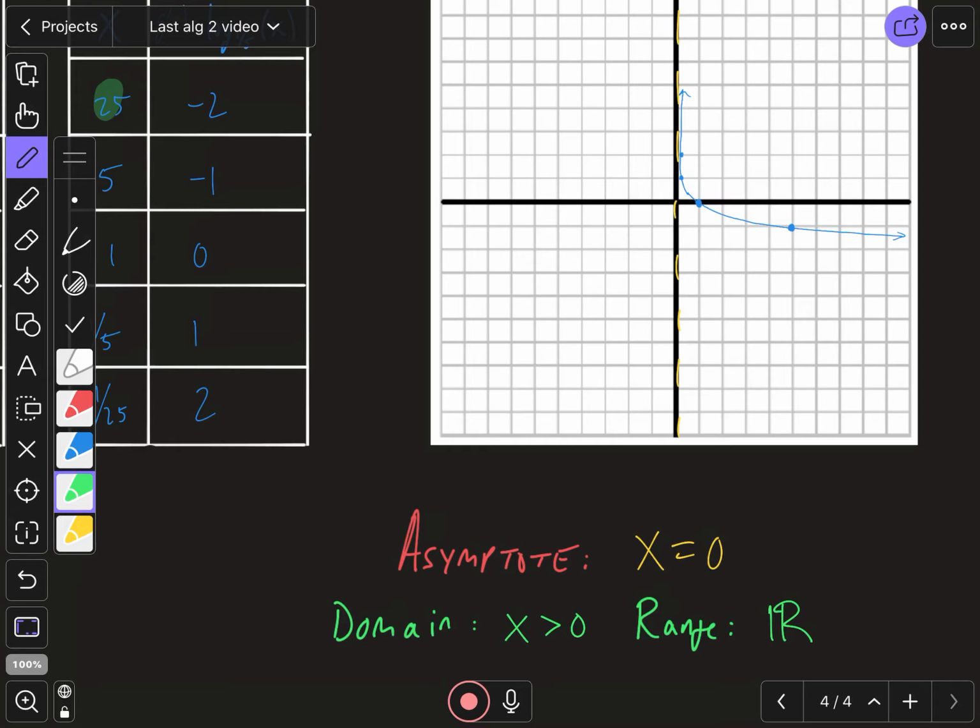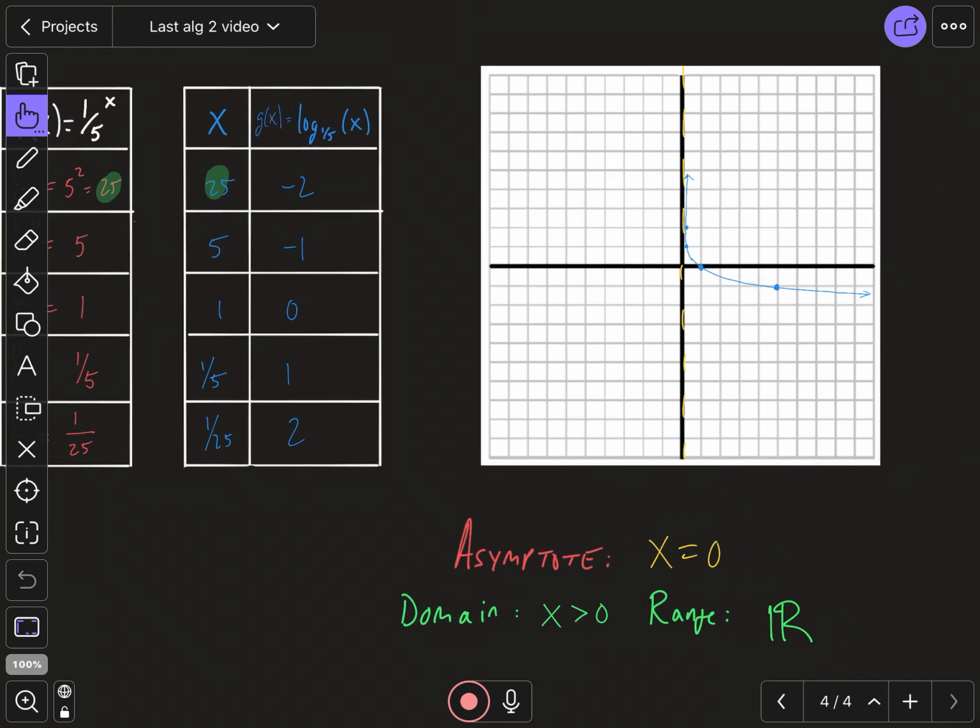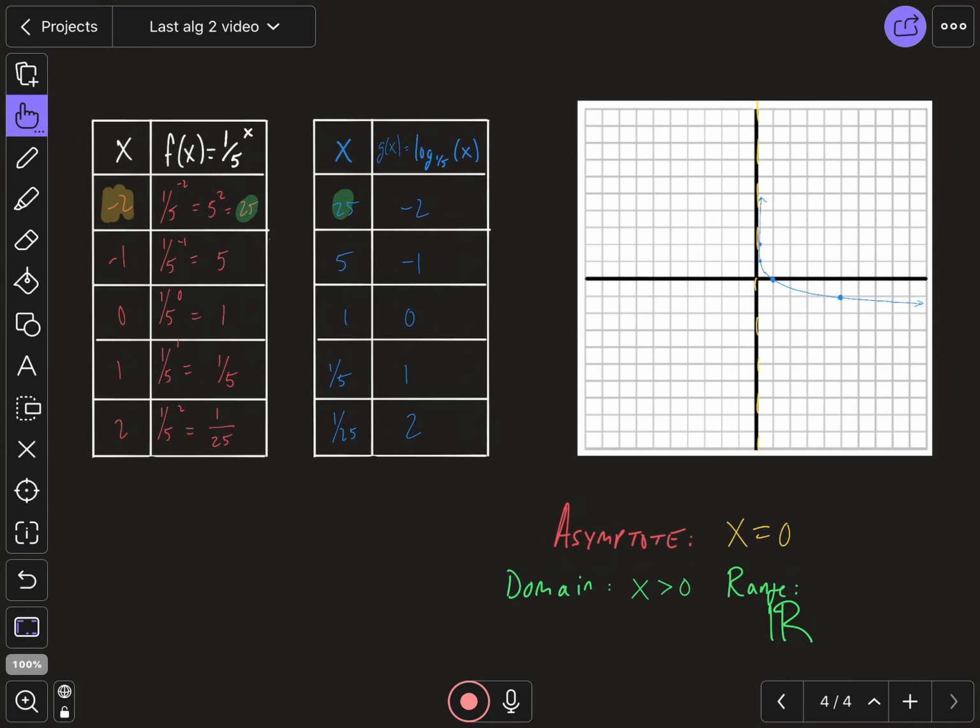Okay. If you don't notice the pattern there, you certainly should. The domain will always be bigger than something, which is going to relate to the asymptote. When we start seeing shifts, which is what Miss O'Neill will talk to you about, the shifts and the stretches and the reflections, that will change the asymptote and the domain. If the range is everything, well, we can't change everything.